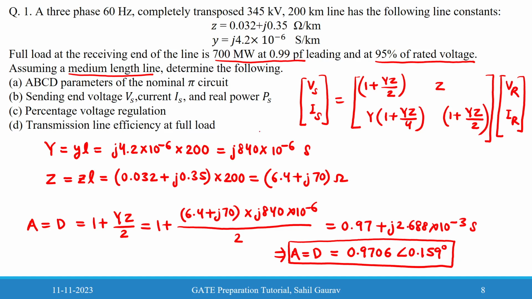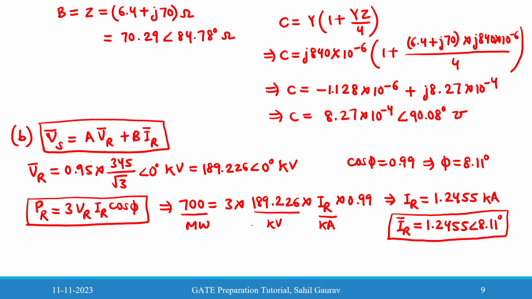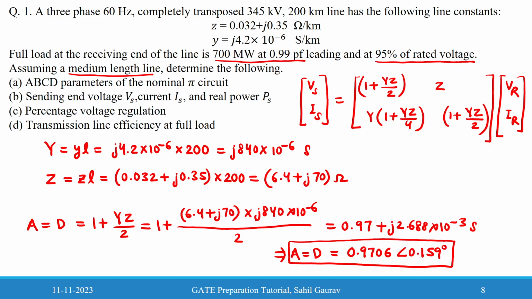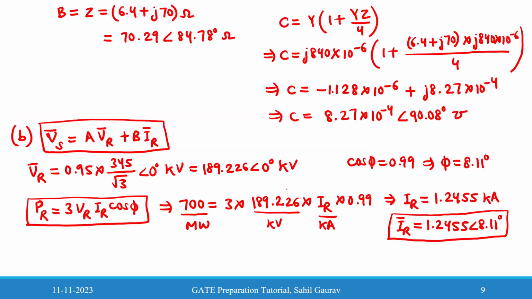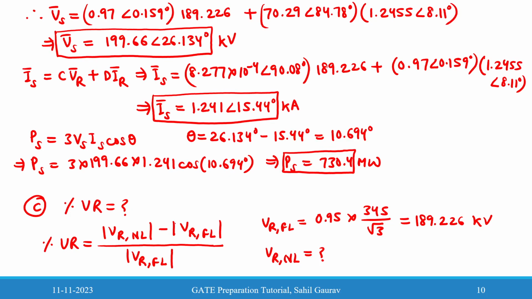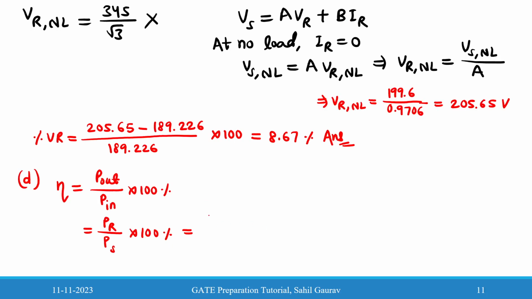PR is given in the problem, that is 700 megawatt, and we have found PS as 730.4 megawatt. So put these values: 700 divided by 730.4 into 100. So it is 95.84%. Correct.